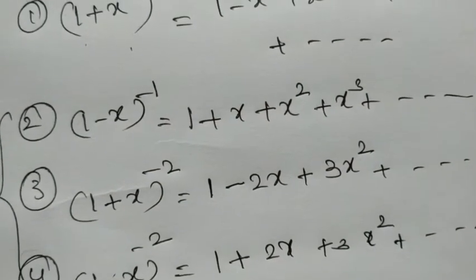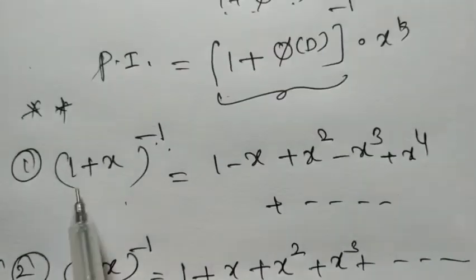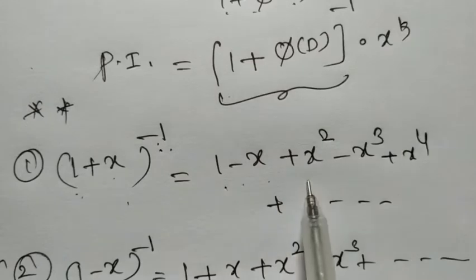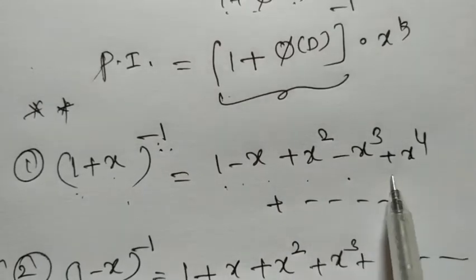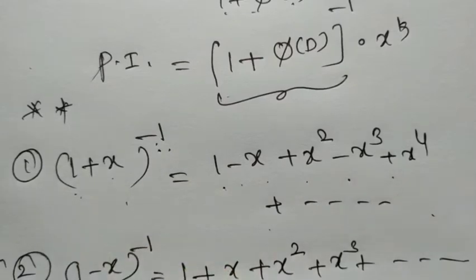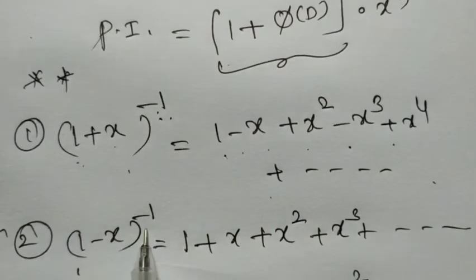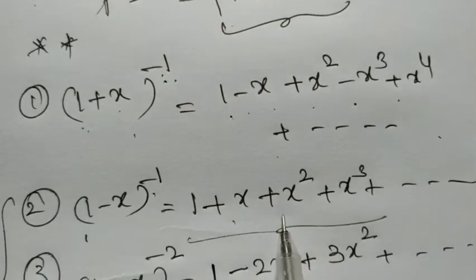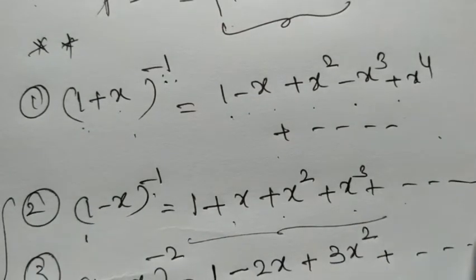So I repeat the formulas once again. (1 plus x) whole power minus 1 equals 1 minus x plus x square minus x cube plus x power 4 plus and so on. Next, (1 minus x) whole power minus 1, all are plus signs: 1 plus x plus x square plus x cube plus and so on.